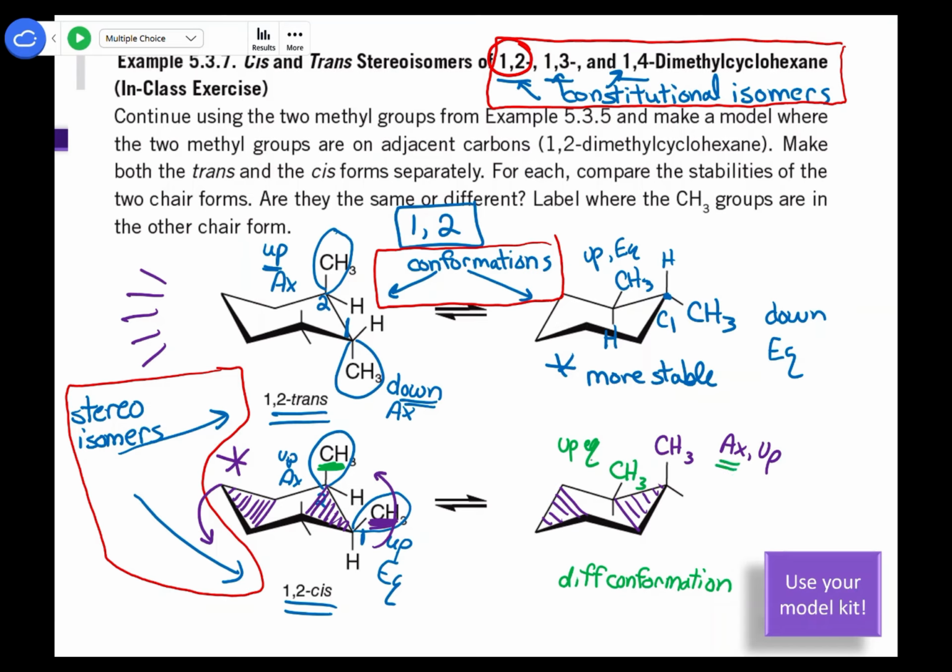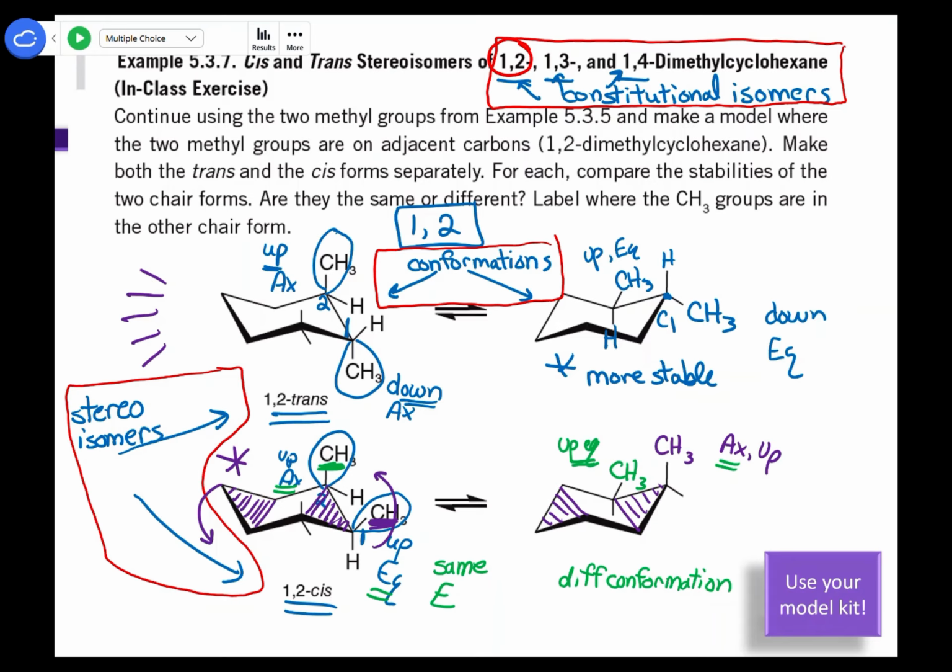So axial and equatorial, axial and equatorial. So both conformations have the same energy. So we would expect both to exist in similar amounts. One isn't more stable than the other. That's different than the 1,2 trans, where one was clearly more stable. And we would expect to find more molecules in the more stable conformation.